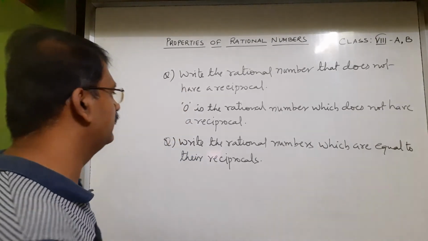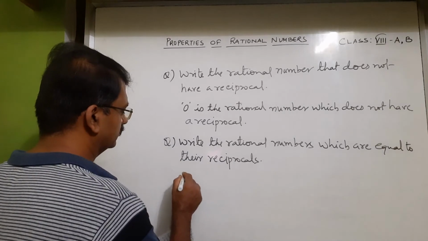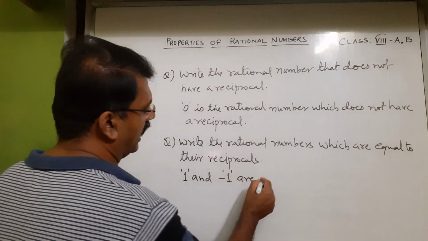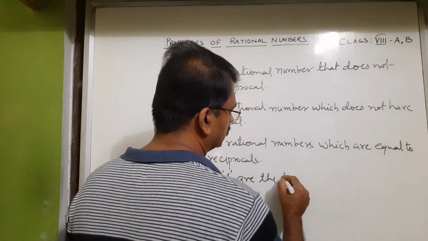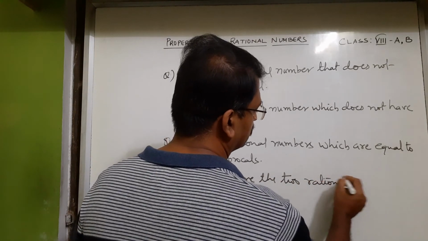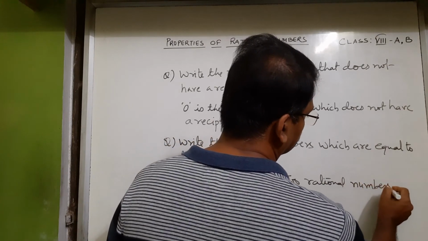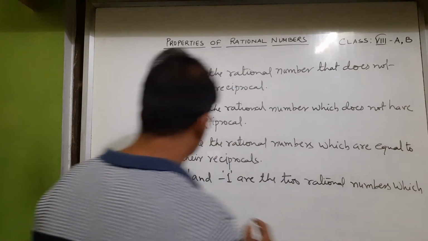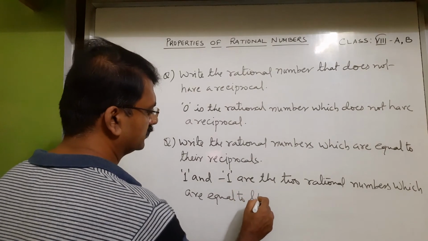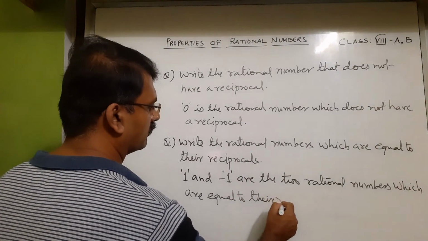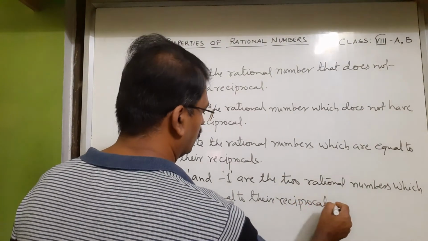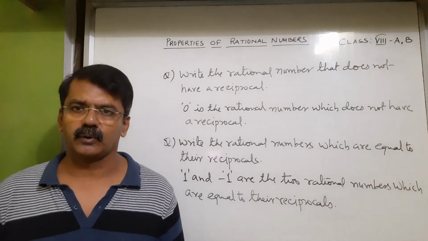So here your answer will be 1 and minus 1 are the two rational numbers which are equal to their reciprocals.